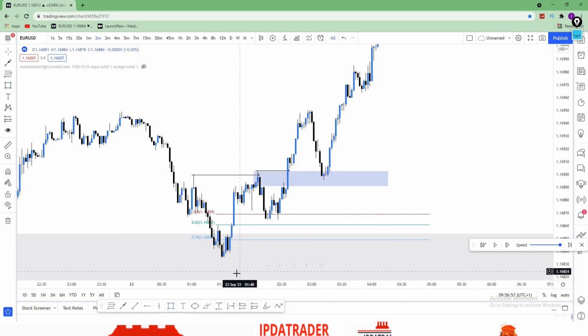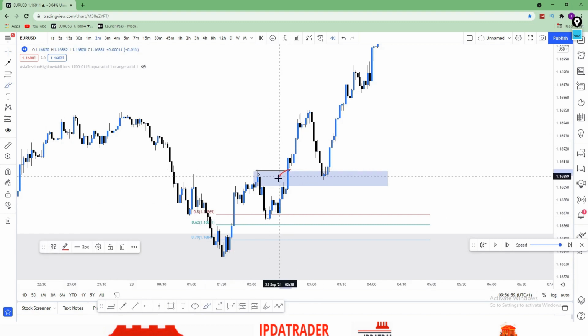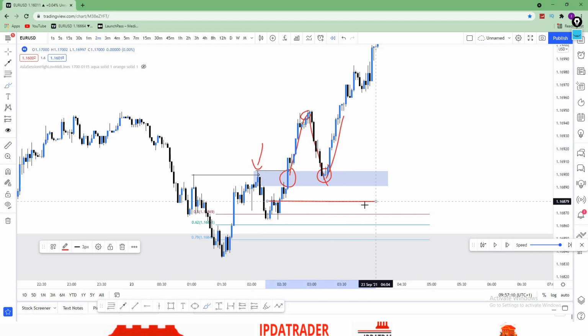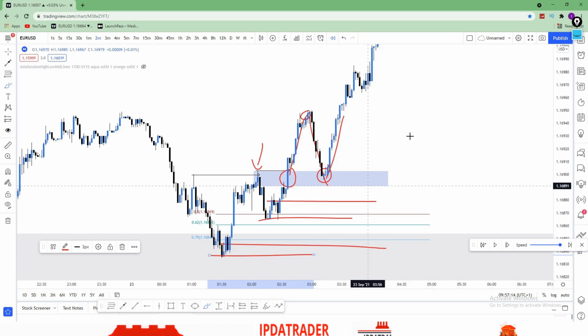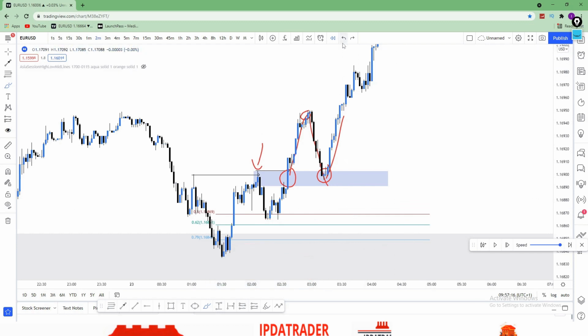This is an example where the breaker would have been a phenomenal point of interest to watch out for. Reason being is because you can very well see the imbalances as we broke above this structure point. So you can expect that price can return into the breaker and continue higher, right? And it doesn't have to go over here, even though it could have very well done that. However, we can see that we broke with impulse, with imbalances.